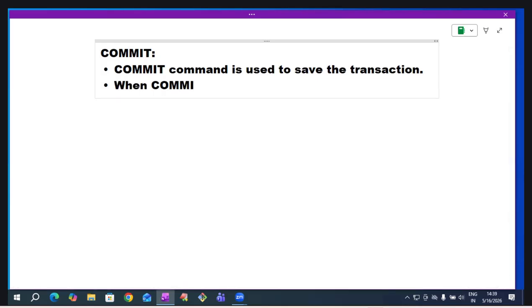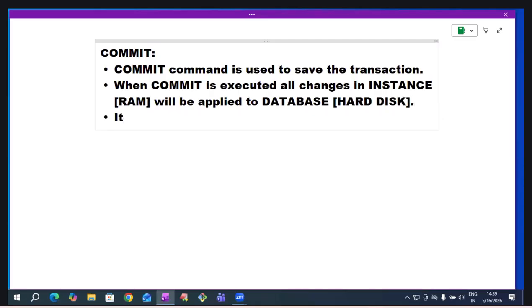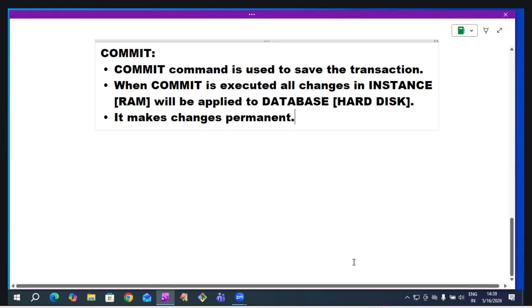When the commit command is executed, all changes in the instance, which is stored in the RAM temporarily, will be applied to the database. Database is stored permanently in the hard disk. So it is making the changes permanent. So this commit command makes changes permanent. Understand this, sir? Let me give one example first.